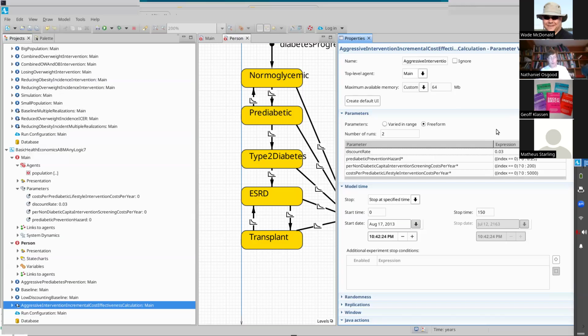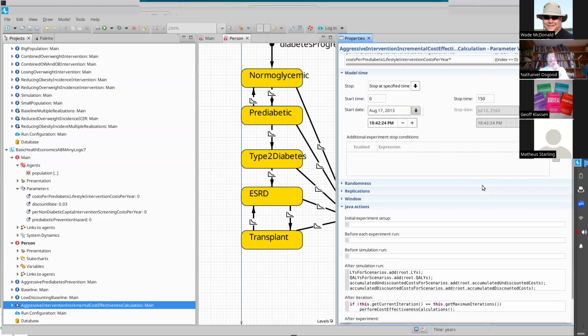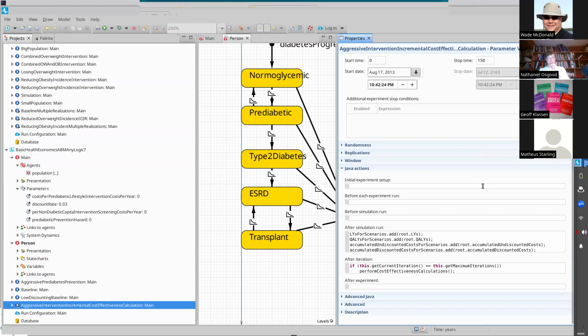Okay, so the idea here is that we run the model twice, once for the baseline, once for the intervention. And then, and this is really important, there's a bit of bringing that together and calculating the incremental cost effectiveness ratio.